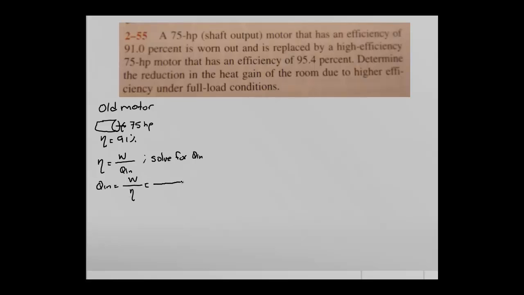If we substitute our data, we have 75 horsepower, but we would like to have everything in international system units, so we know that 0.7046 kilowatts is 1 horsepower, so this cancels, and efficiency is 0.91.